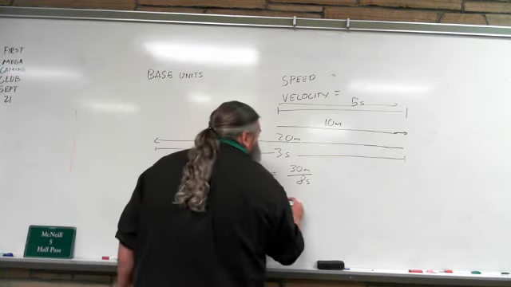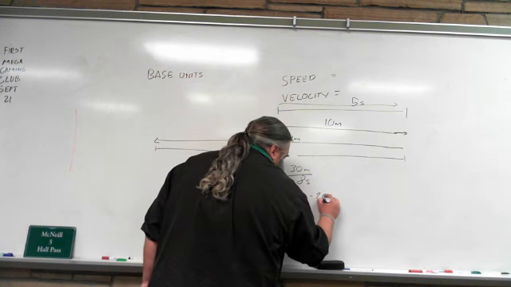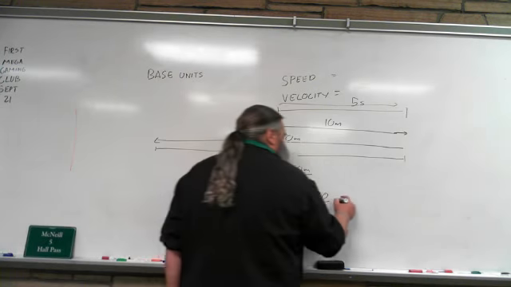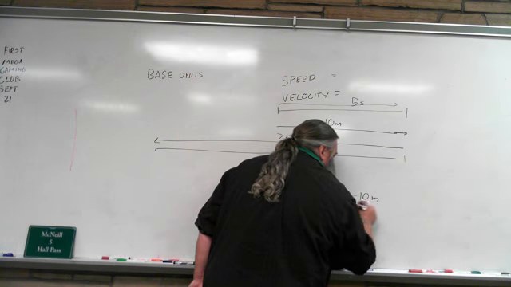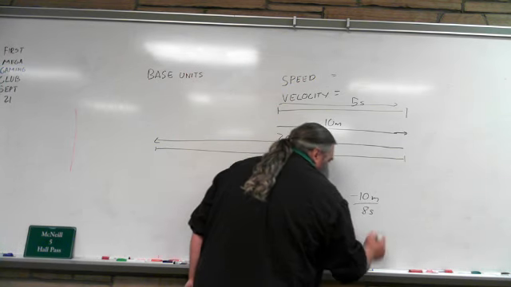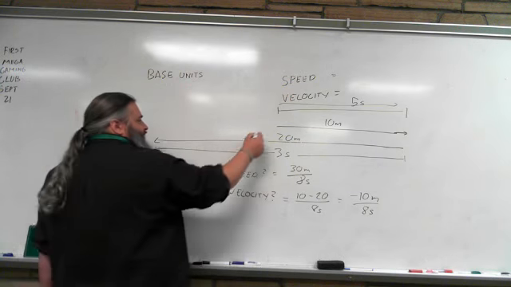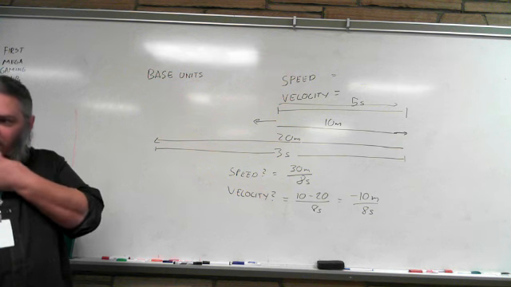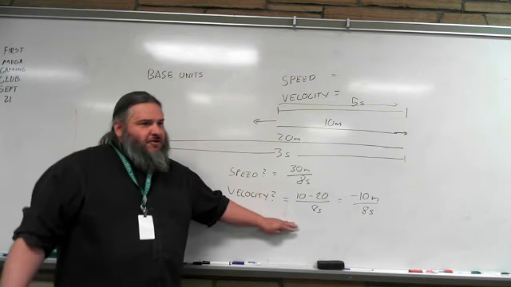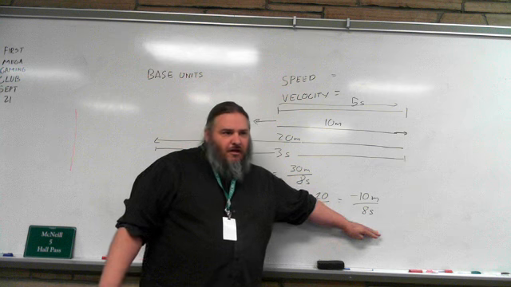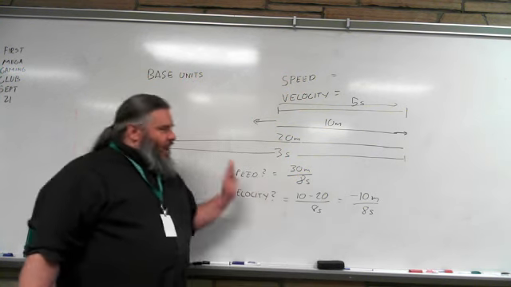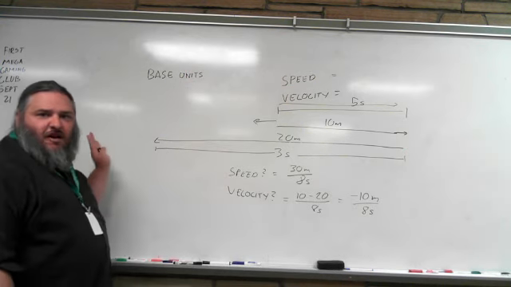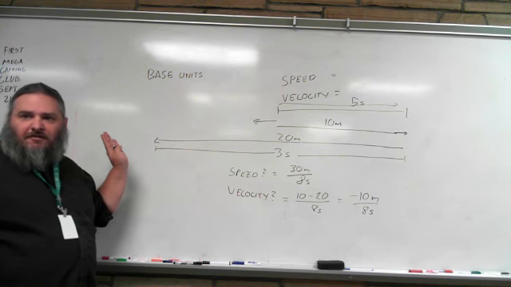So that's going to be 10 minus 20 over 8 seconds, which gives me negative 10 meters in 8 seconds, which means its net motion is in this direction. Does that make sense? So that's how I'm keeping track of the direction in which that object's moving, with that negative and positive sign. Positive means net motion is in this direction. Negative means net motion is in this direction. Cool? So far so good?